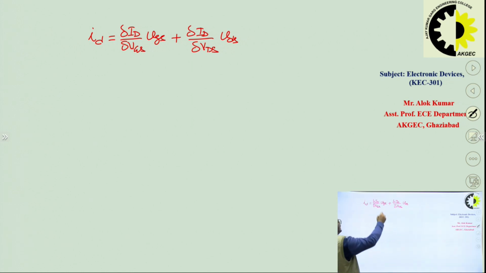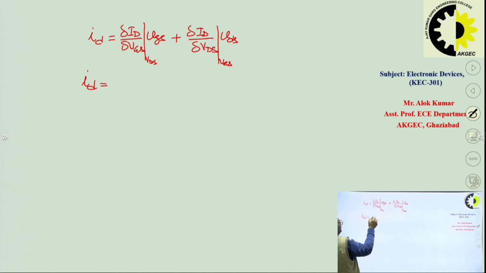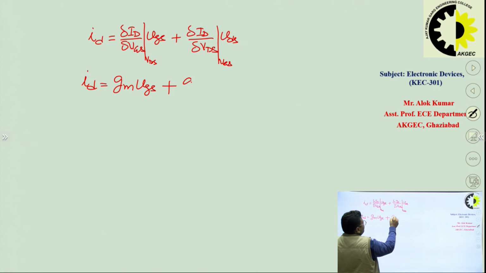Obviously the first value we have calculated by keeping VDS constant and the second by keeping VGS constant. Now what is this del ID over del VGS? This is nothing but the transconductance. So ID can be written as GM into VGS plus, and del ID upon del VDS we can say is GD into VDS.